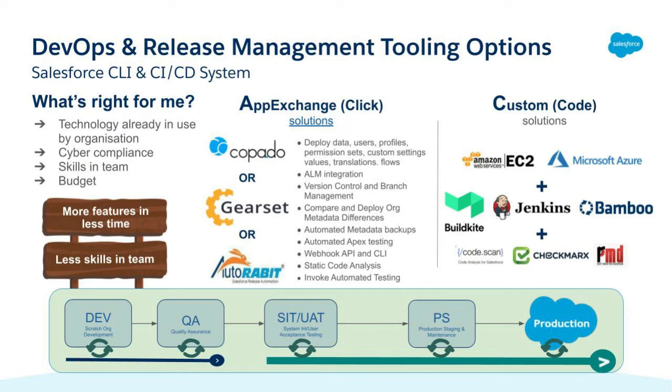But if you're a bank or if you're a software engineering team and you've got developers and you're inclined that way, I'm not saying banks can't use these tools on the left-hand side from our App Exchange products. But if you've got more of a software engineering team there and you've got your center of excellence and so on and so forth, you might go down one of the enterprise tools already used in your organization today, such as your Azure DevOps or your Bitbucket pipeline, BuildKite, Jenkins, Atlassian's Bamboo.